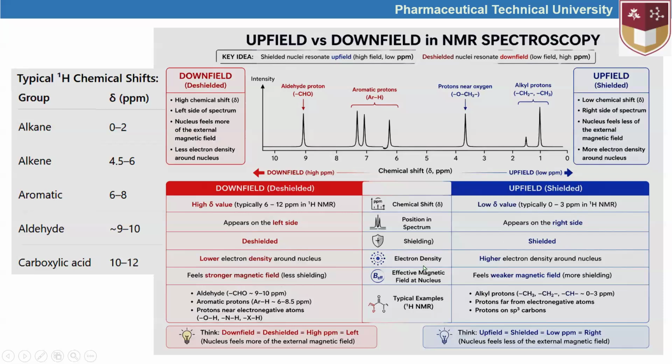Shielding effect results from the distance of the electron, in our case the electron of the hydrogen, whether it's close or far from the nucleus of hydrogen. If it's closer to the nucleus of the hydrogen, then we can expect higher electron density. Or if it's far from the nucleus of hydrogen, we can expect lower electron density.